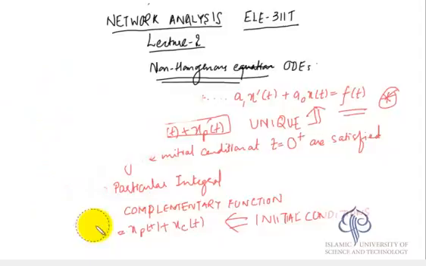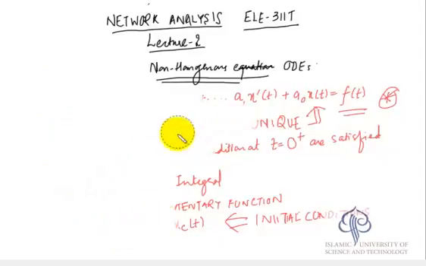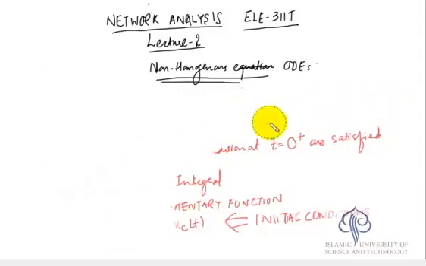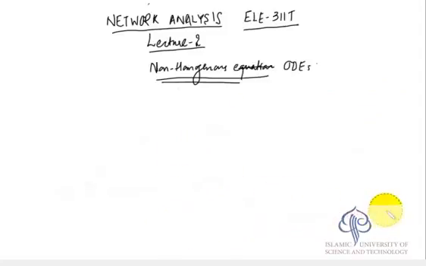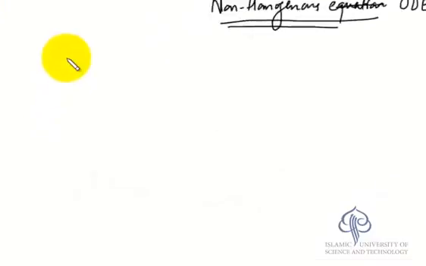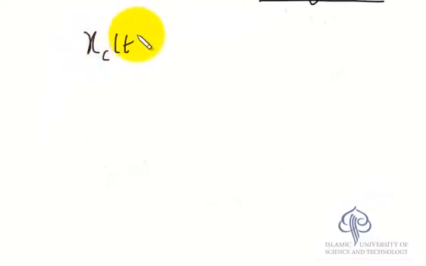Now, there is a rule of thumb for determining x_p(t), the particular integral. We already know how to find x_c(t), the complementary function.